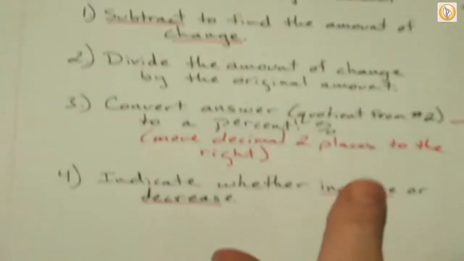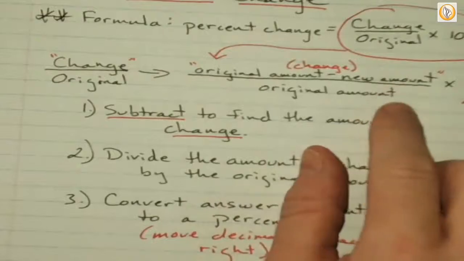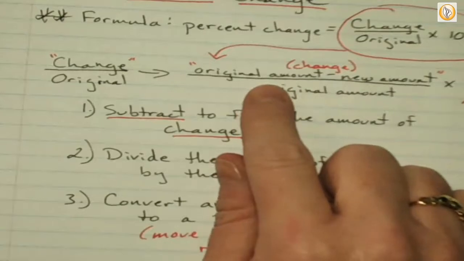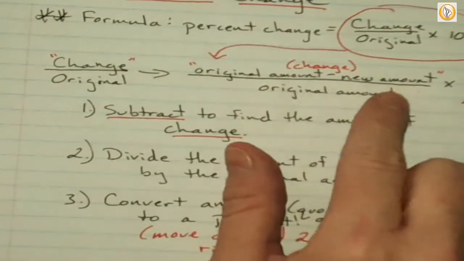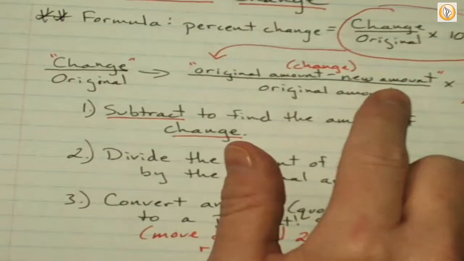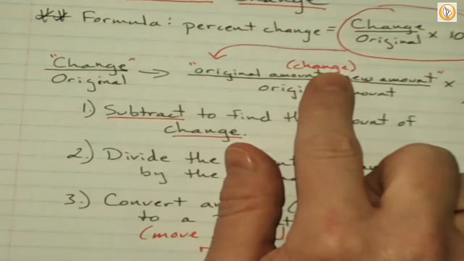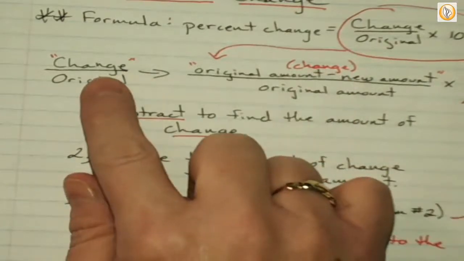Let's say you increase the price of the backpacks to $20. That's your new amount. So let's think about this. He was selling backpacks for $10. He's now selling them for $20. So what's the change? There's no negatives, just 10. That's right. So the change is 10.